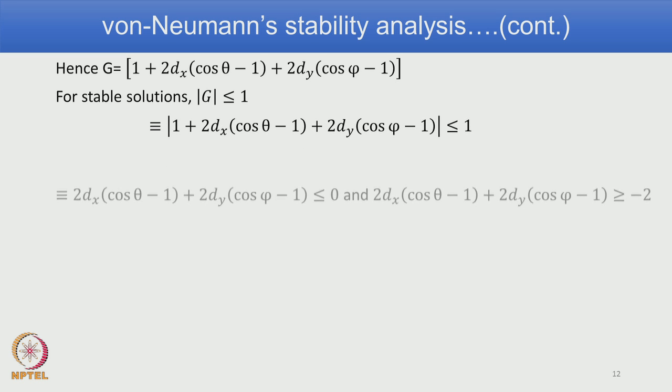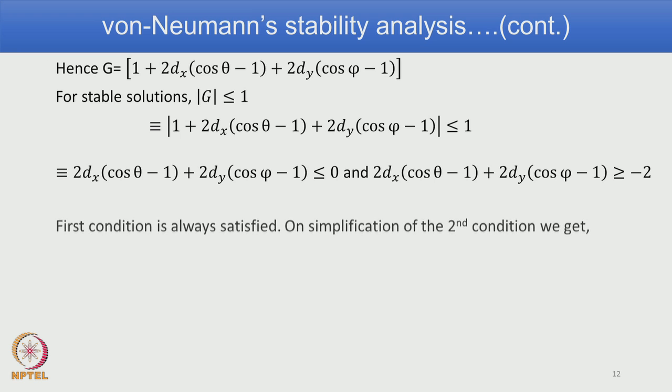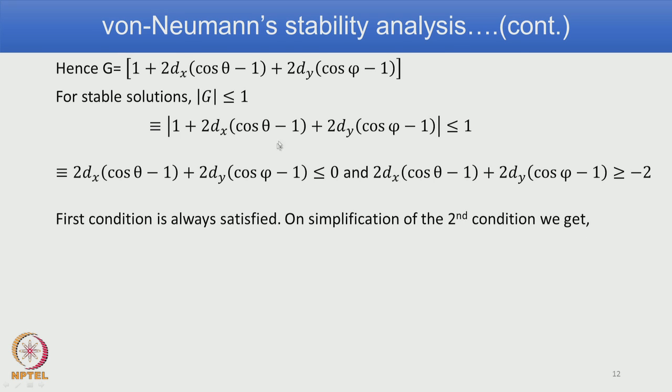Now, we can manipulate arithmetically and then the first condition is always satisfied, and the second condition is satisfied based on the condition that dx plus dy should be less than or equal to 1 by 2.